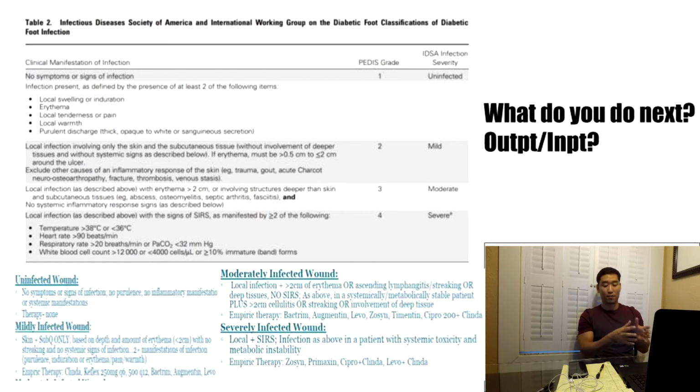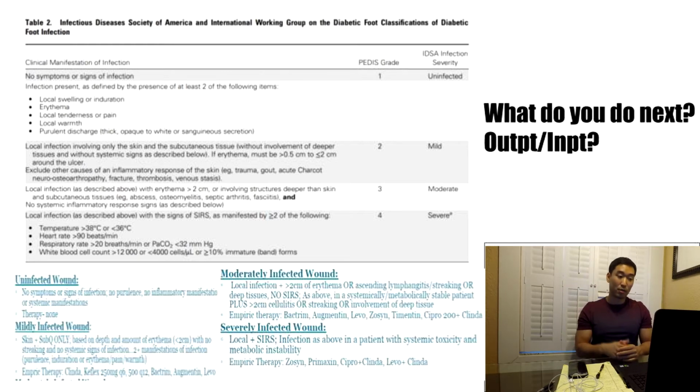Common antibiotic treatments include the Zosyn combo, or cipro and clindamycin if there's a penicillin allergy. I took it out from a slide that I was using here listing certain medications. You can note that from mild to severe, the generation of the antibiotic increases. For example, mildly infected can be treated with Keflex, a first-gen cephalosporin, clindamycin, Bactrim.